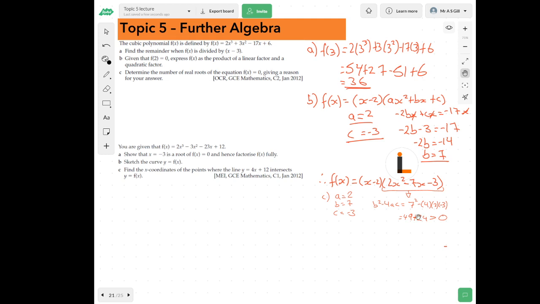Well, if this quadratic has 2 real roots, we've already got a real root here, we can say, therefore, 2x squared minus 7x minus 3 has 2 real roots, as b squared minus 4ac is greater than 0, and therefore f of x has 3 real roots.